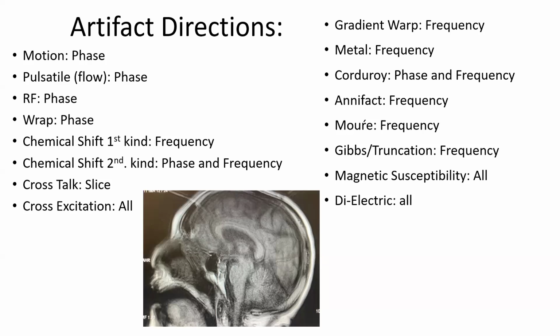Well, once you get through your artifacts, you're not going to see any more artifact questions. So you can get in artifact mode, then you can get in physics mode, and then you can get in parameter mode. They ask the questions, and they're all grouped together. That's one aspect of the ARMRIT registry that I really like.